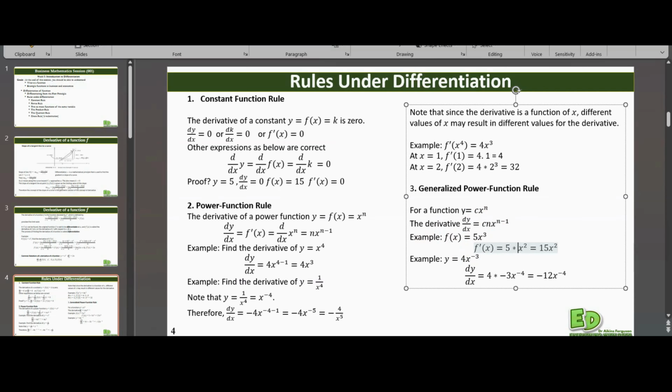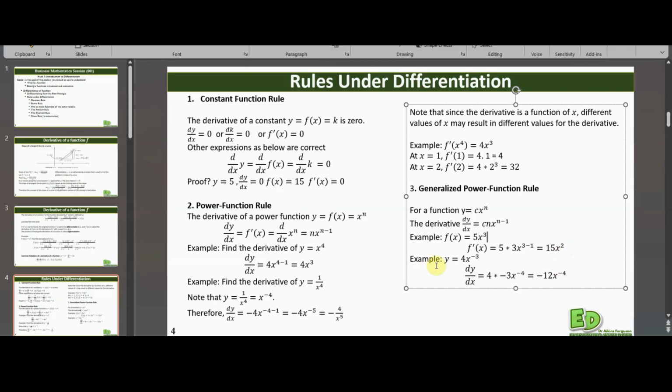We multiply it by the power 3, then x raised to the power 3 minus 1. You see, we multiplied by the power, then reduced the power by 1. 5 times 3 gives us 15. Then 3 minus 1 gives us 2. So the final answer is 15x to the power 2. Okay.